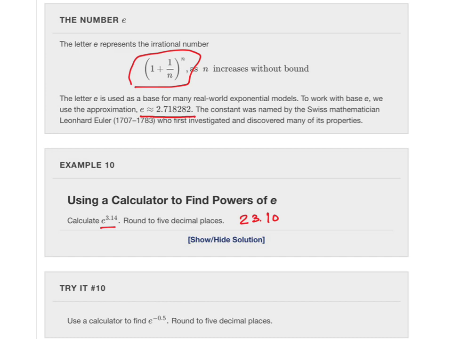E to the negative 0.5. 0.6. Okay. Nicely done. Anybody have any questions about that? Okay, so that's the last part of 6.1. That's the whole 6.1 lesson.